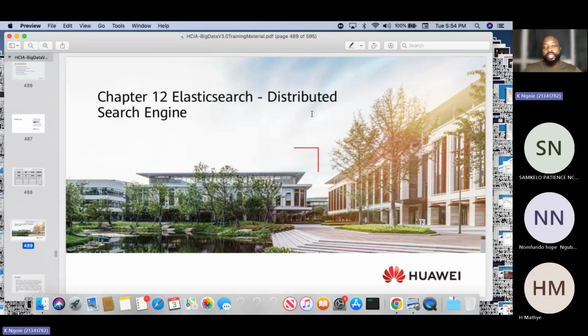Yeah, Elasticsearch. I will tell you which chapters will not be covered. This is in version 3.5, but I'm going to do it in the summary.